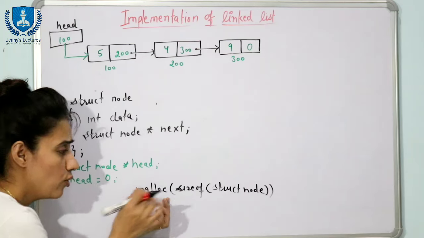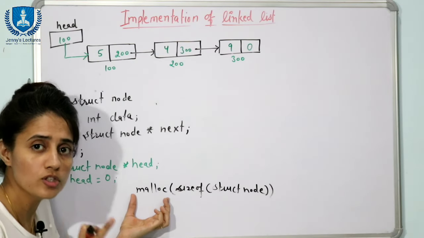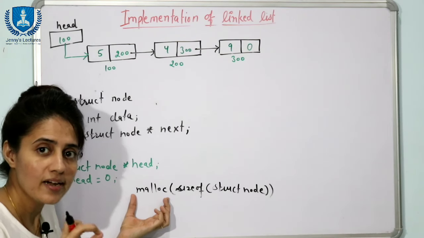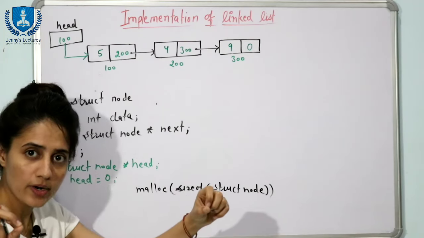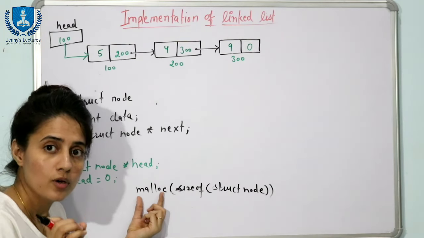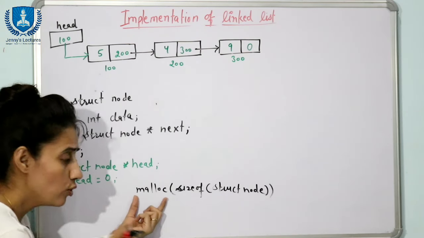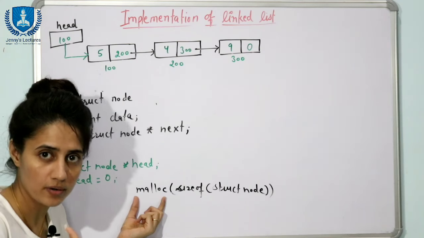Now see, what is this malloc going to return? Malloc is a function which returns a pointer to the starting address of that memory block, because a memory block of 8 bytes has been allocated. So it returns a pointer, or you can say a void pointer.